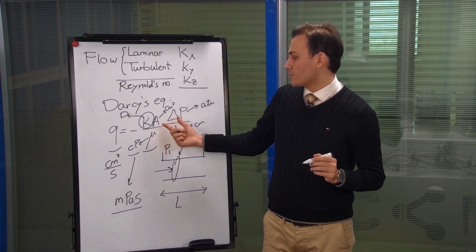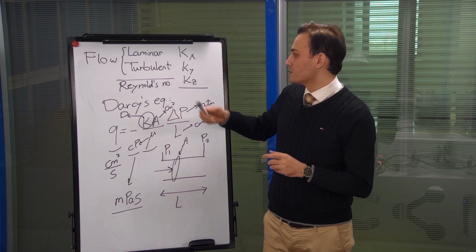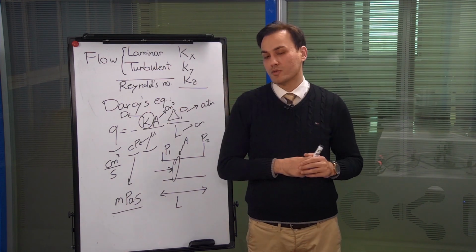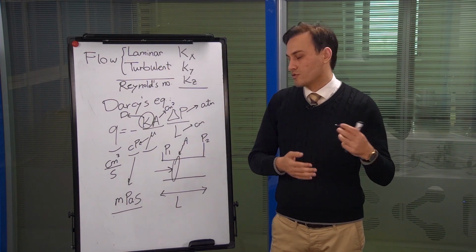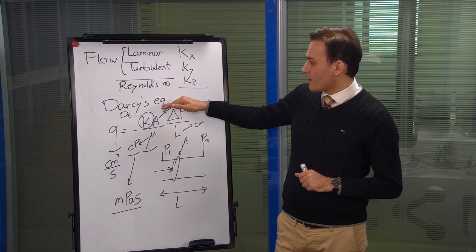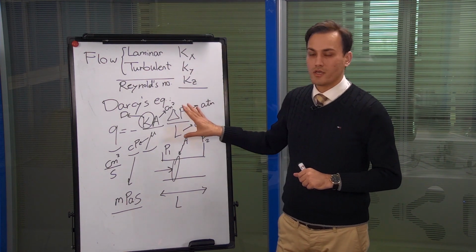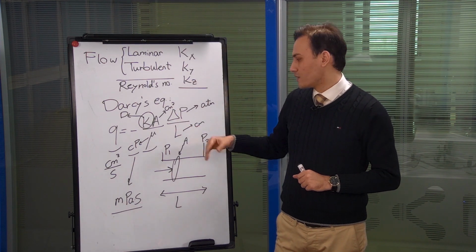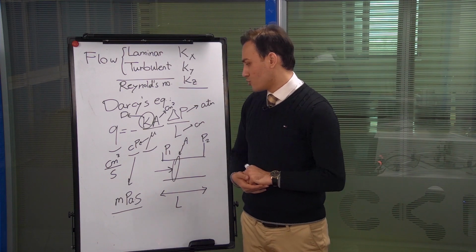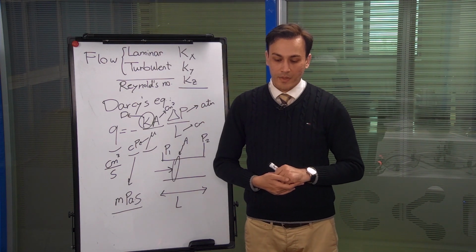For using Darcy equation, the assumption is that the flow is laminar, which is equivalent to having a Reynolds number less than 2000 or 2300. If you have turbulent flow, then you cannot use Darcy equation in this form, and there should be some modifications to this, which is out of the scope of this lecture today.